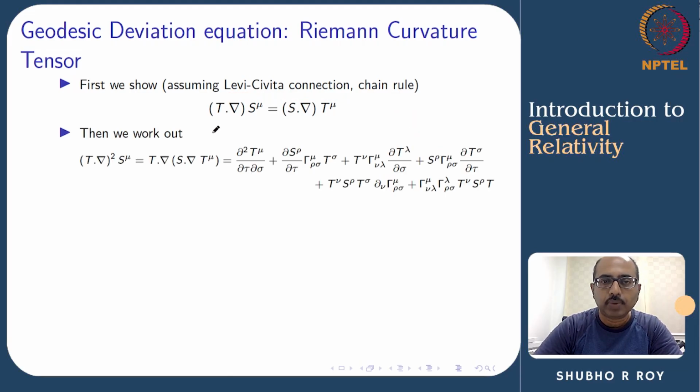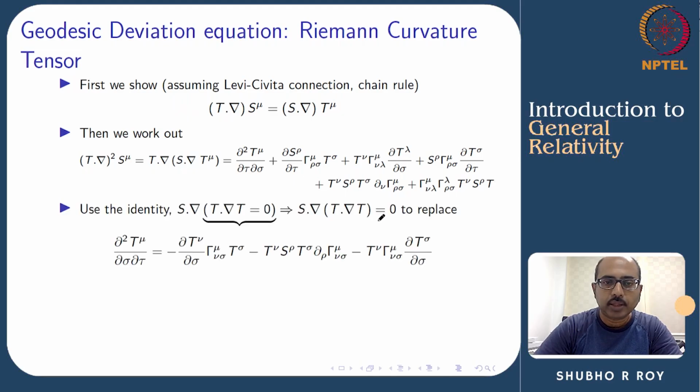And then we apply a second derivative, T dot del, to both sides of this and work it out. As you can imagine, it will be a pretty long expression with a lot of indices going around. Then you use certain identities, for example, the geodesic equation.